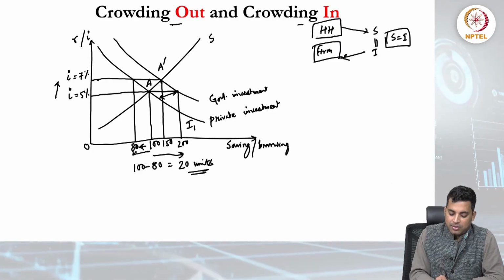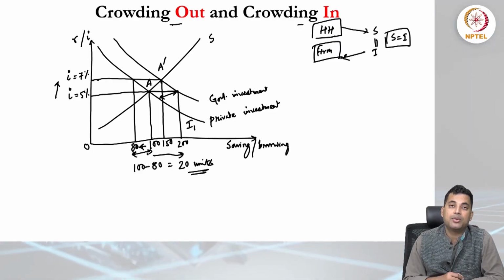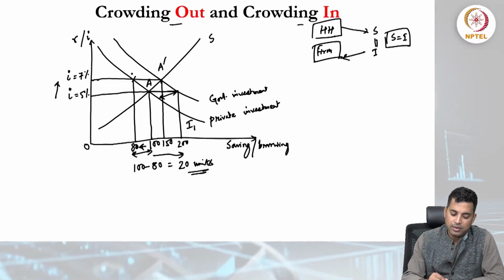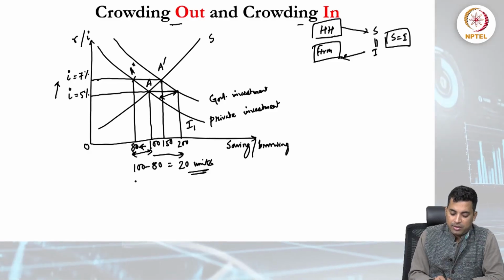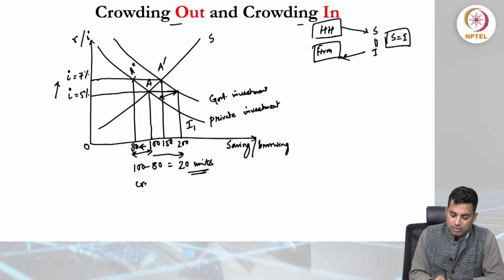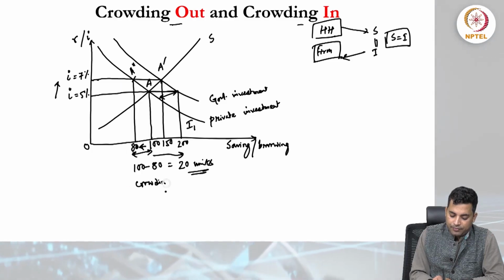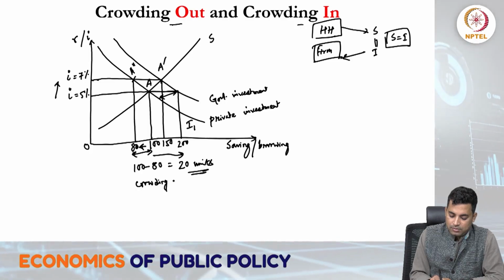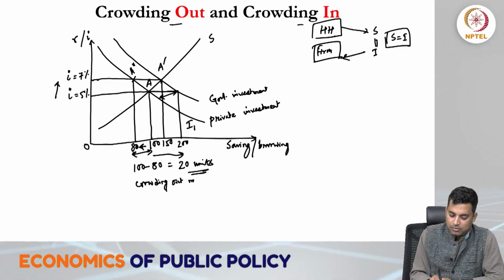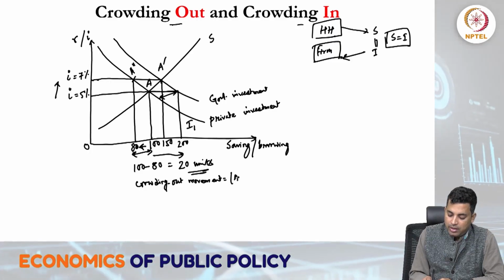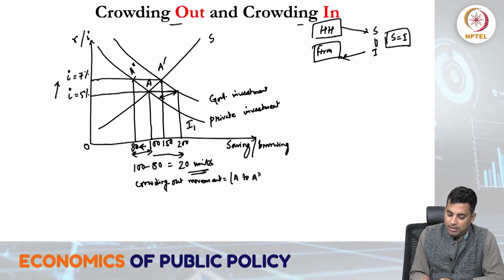So this particular crowding out that we are talking about is the movement from A to A double dash. This is the crowding out movement, A to A double dash.